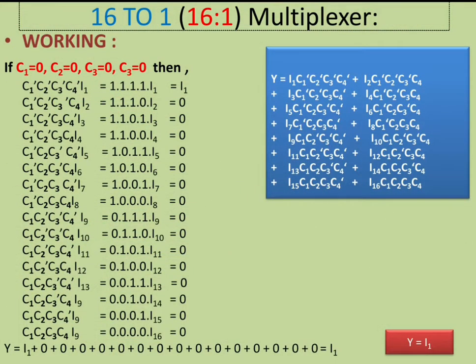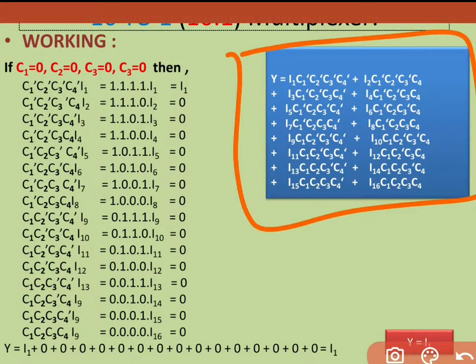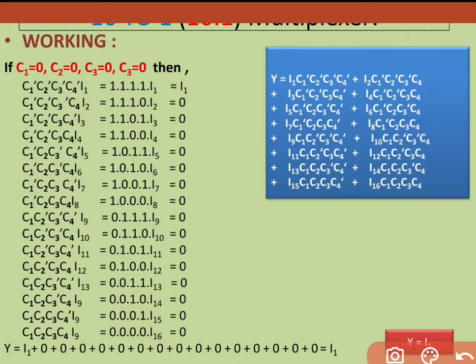See the working. I had written everything for you all. We have an expression when we are providing 0, 0, 0, 0. Then see what happened. The same thing, I had written 1 1 1 1 with I1. I1 will be the output. For the others, see, everywhere you are getting 0.